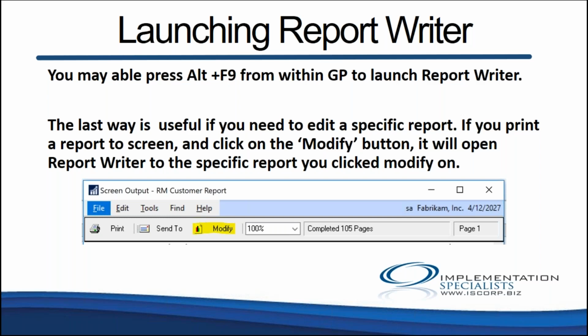One handy way to do this if you want to modify a specific report is to print the report to a screen, and then if you have access to the Report Writer, you'll see the Modify button. You can click on that, and that will bring up Report Writer with the report that you hit Modify from already selected and open. That does make it a lot quicker if you're trying to modify specific reports.